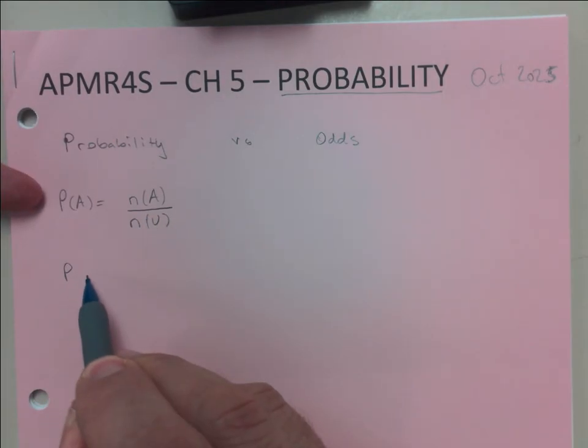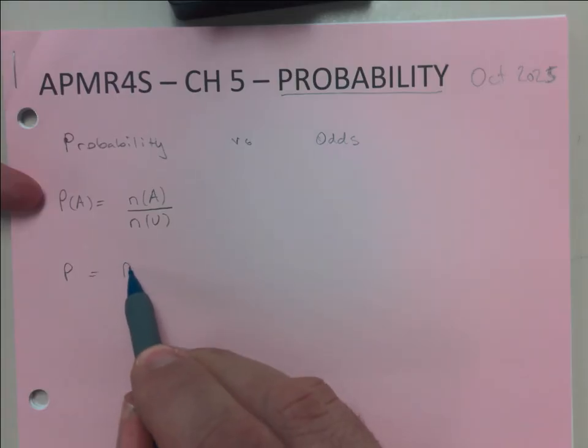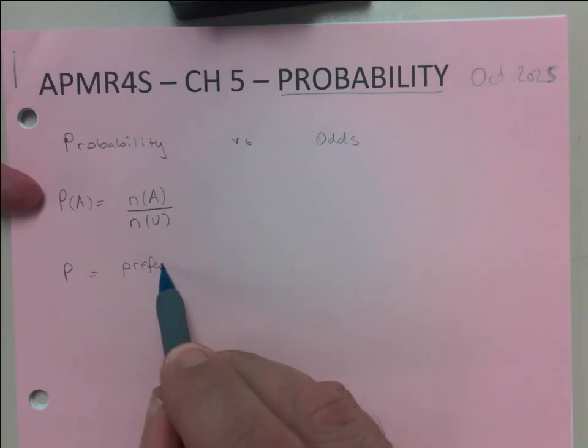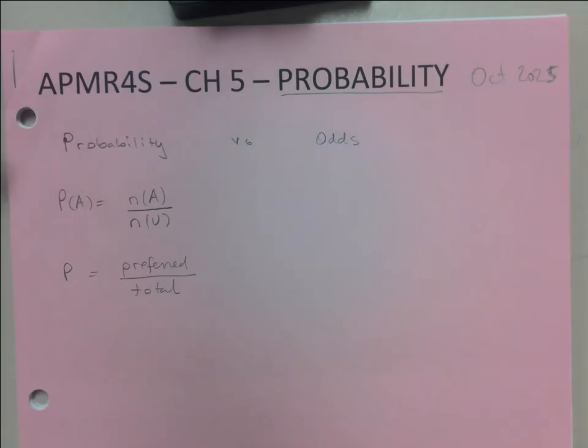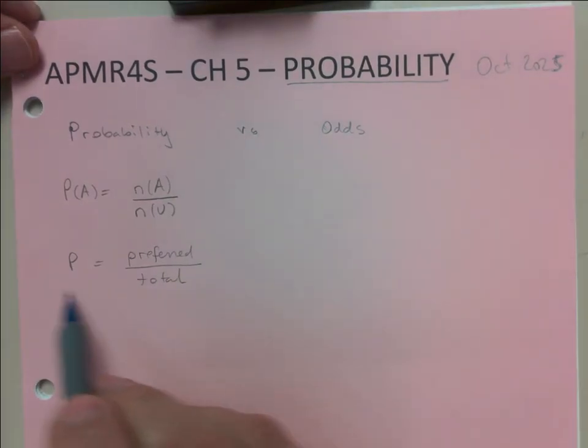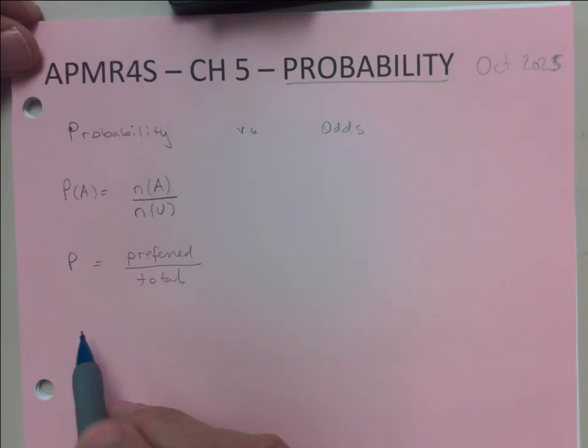So probability is preferred outcomes over total.